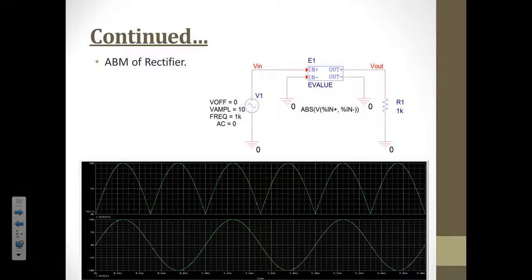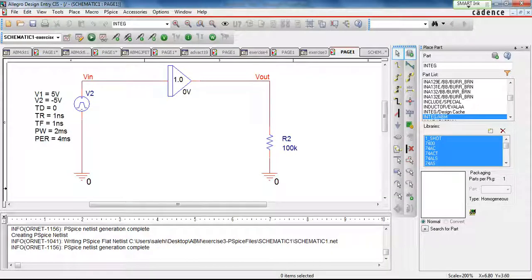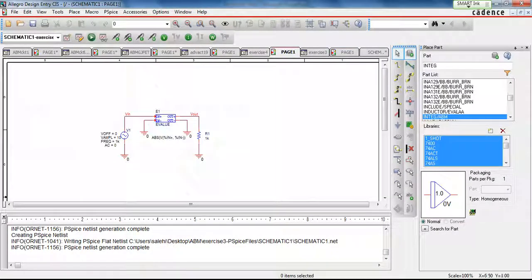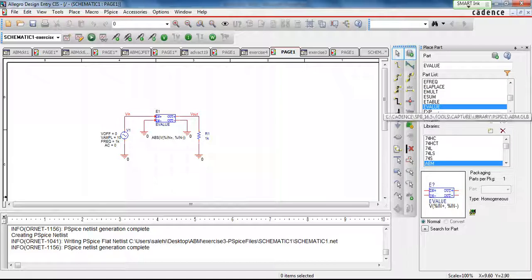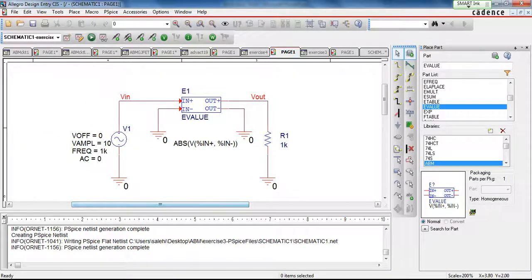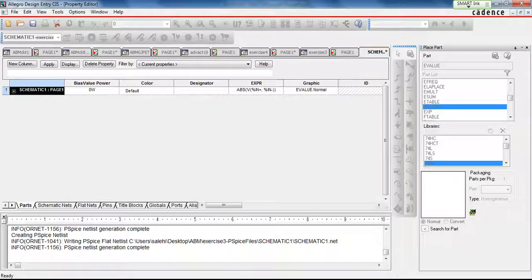All the signal that is coming in to the rectifier is converted into a positive value. In order to do that, go to the ABM library, select the E value block, put it in a circuit like this, double click on it, go to expression and type ABS with the voltage that is associated with that block.